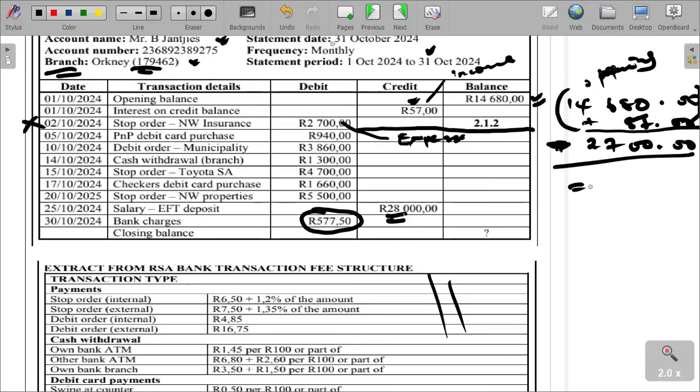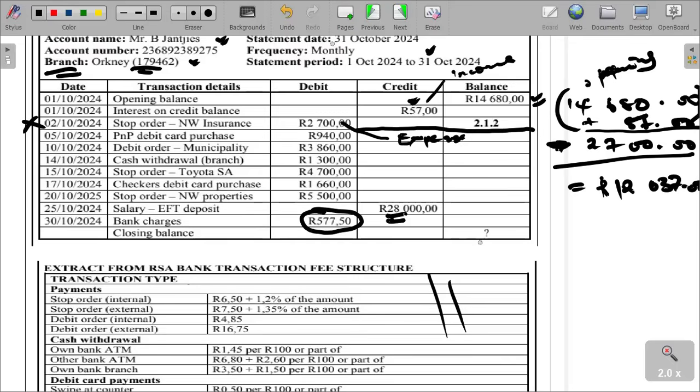When you do that, you will find out that your answer, when we put it through a calculator, is going to give you 12,037.